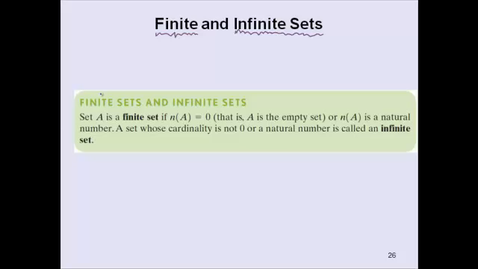Okay? Finite sets and infinite sets. Set A is a finite set if n of A is equal to 0, that is, A is the empty set, or n of A is a natural number. A set whose cardinality is not 0 or a natural number is called an infinite set.